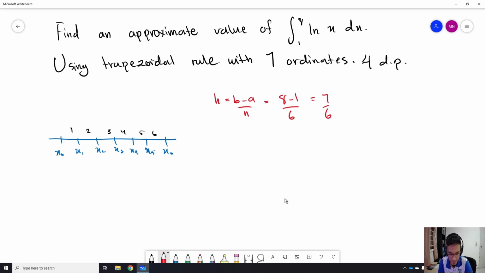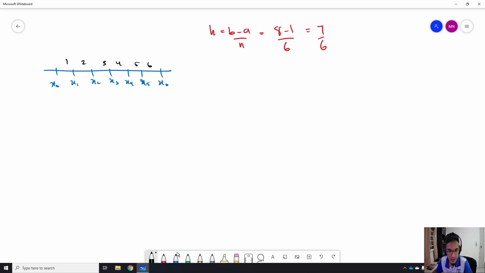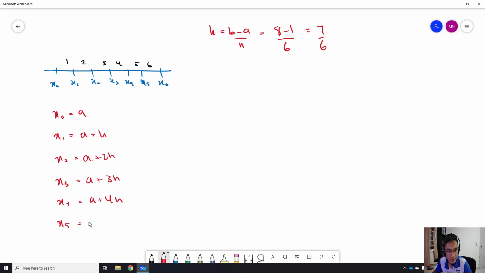Okay, so then we have to find the value of the ordinates. x0 equals a, x1 equals a plus h, x2 equals a plus 2h, x3 equals a plus 3h, x4 equals a plus 4h, x5, and finally x6 equals a plus 6h.